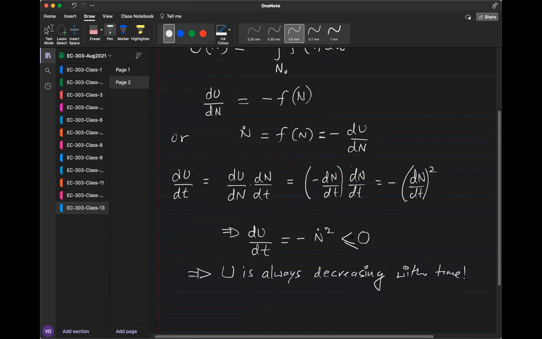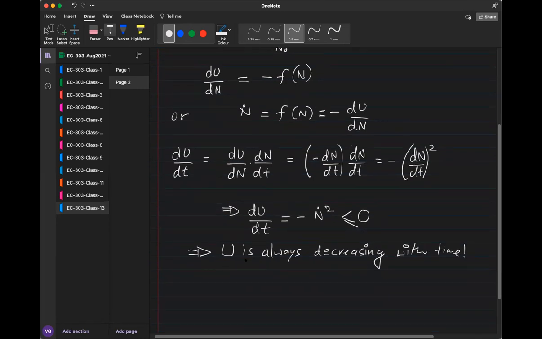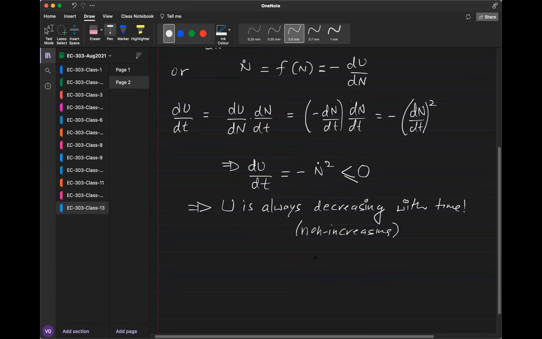Once I do that, what I have shown is that this function u is always decreasing with time. Of course, the more accurate statement is that it's non-increasing, because it can hit 0. So it either stays the same or it's always decreasing. That's the property of u.